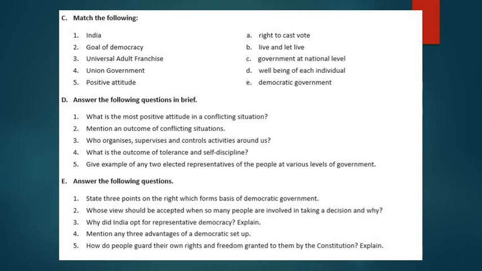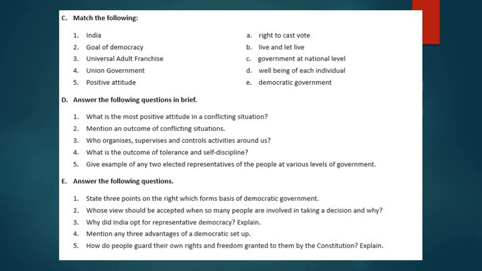Write down the answer. 3 points on the right which forms basis of democratic government are equality, fraternity and justice.